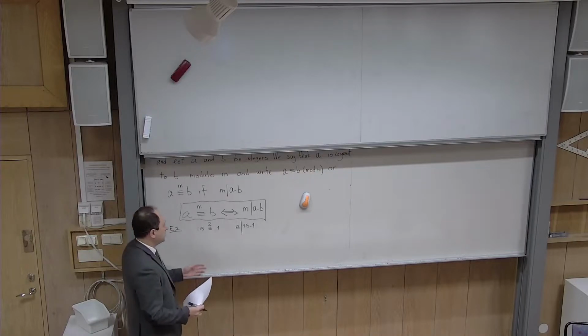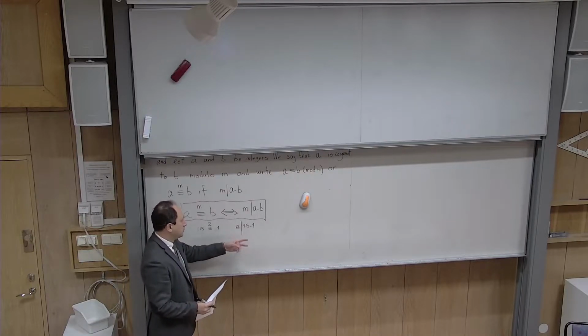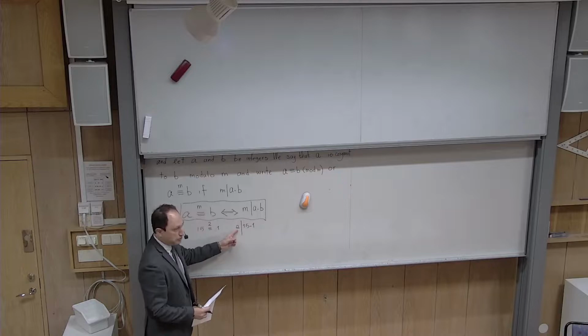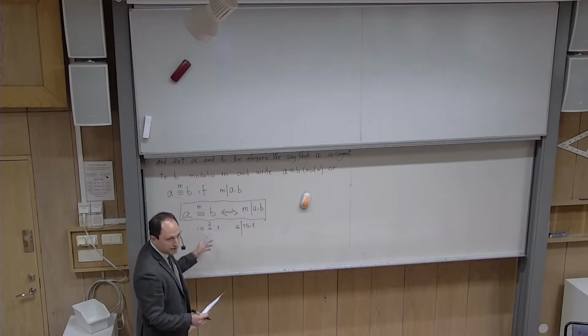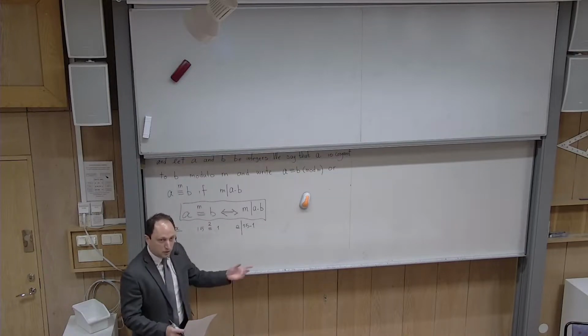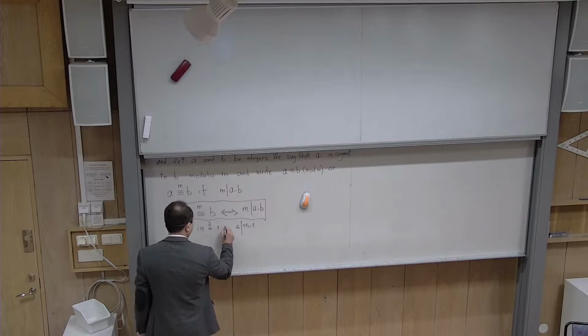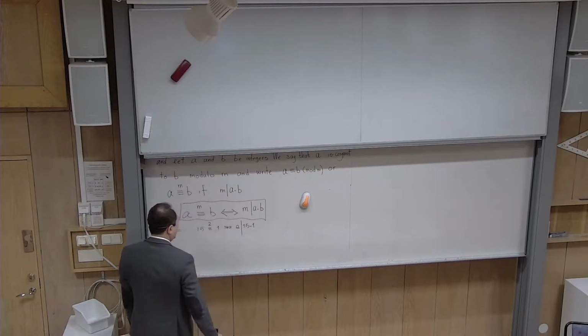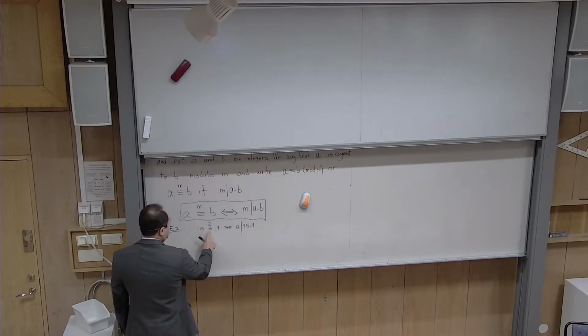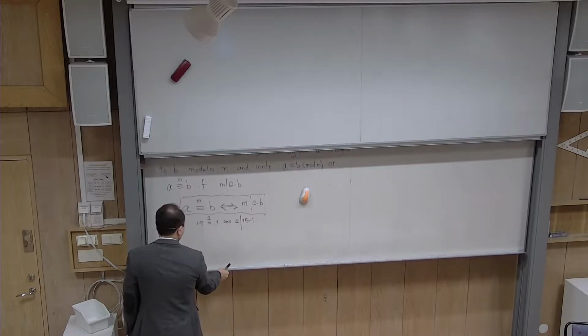True, because 15 minus 1 is 14, and 14 is divisible by 2. So this is true. But that's nothing, I'm just introducing another way of writing the same thing. So this is true, since 15 is congruent to 1 modulo 2. The reason is that this is correct.